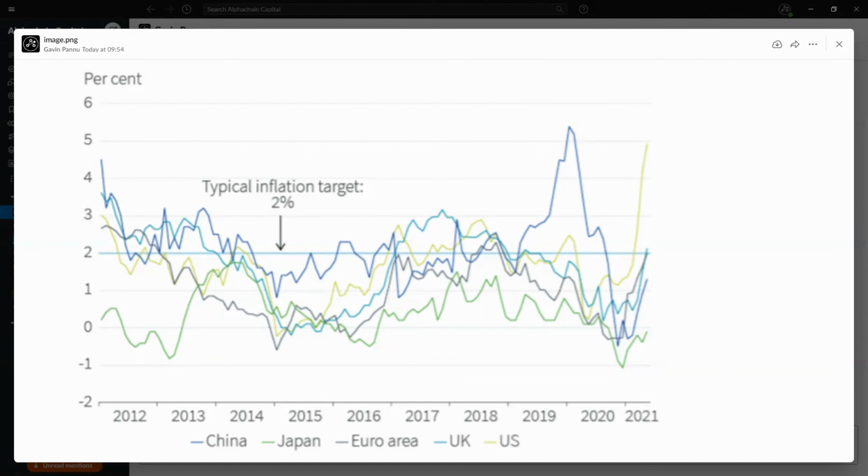A significant amount of money printing is now having a knock-on impact on inflation levels because of all the COVID packages provided by most central banks and governments.